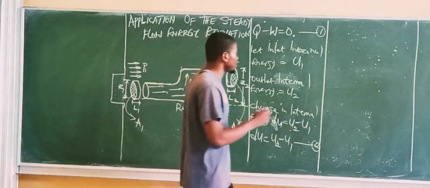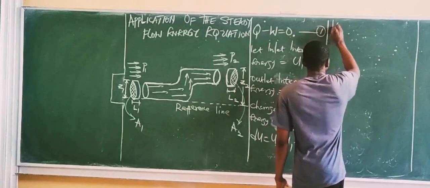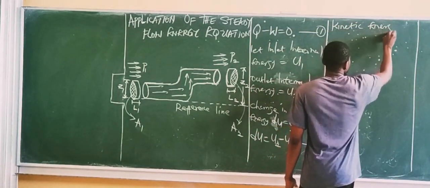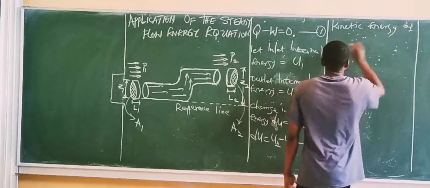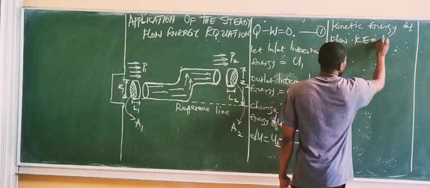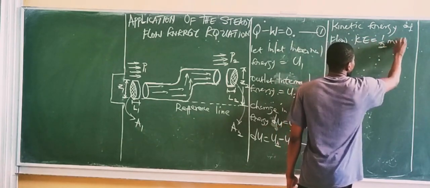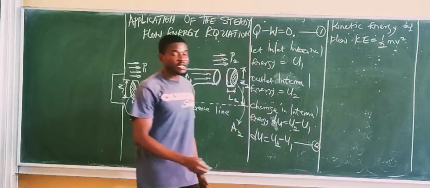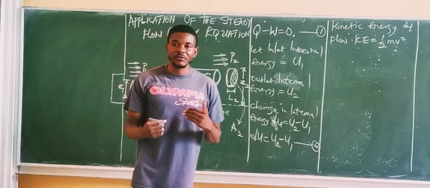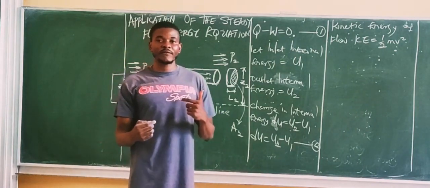And kinetic energy of flow is equal to 1 over 2 mv squared, where m stands for the mass and v stands for the velocity.